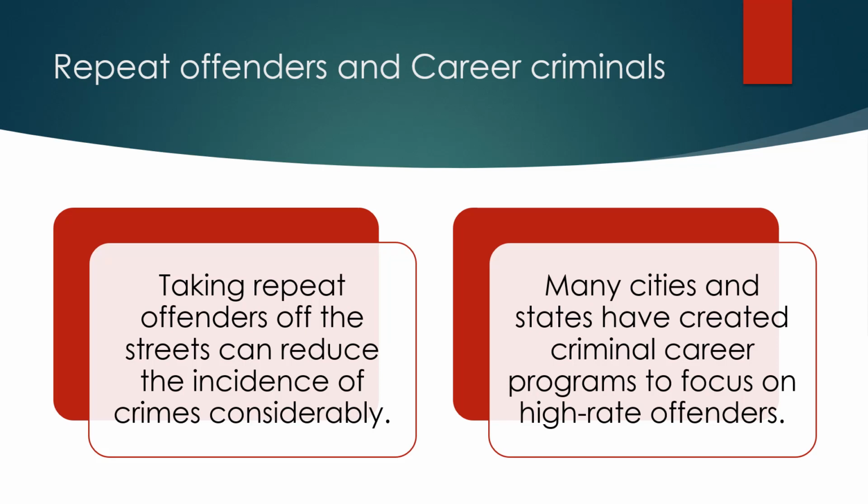So lots of cities and states have created career criminal programs to focus on high offenders. This is sometimes called the 6%. We know that approximately 6% of juvenile delinquents will grow up and commit far more crimes. The biggest problem we have is that out of the 100 juveniles that you arrest, most people who commit crimes when they're very young are never going to commit another one.